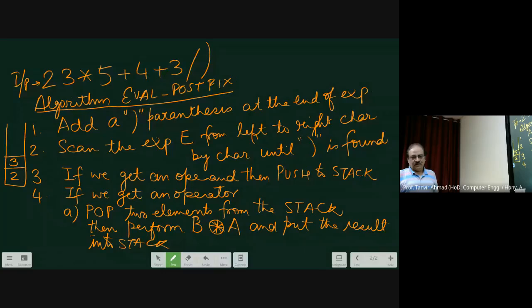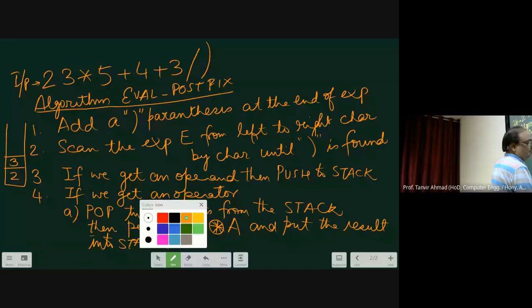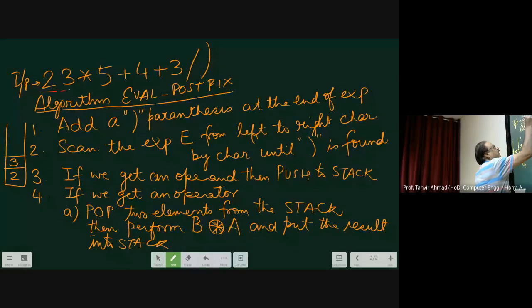Okay. Now, what is the meaning? I first of all got 2, then I got 3, then I got this operator. When I get this, I'll pop it out. Then what will happen?